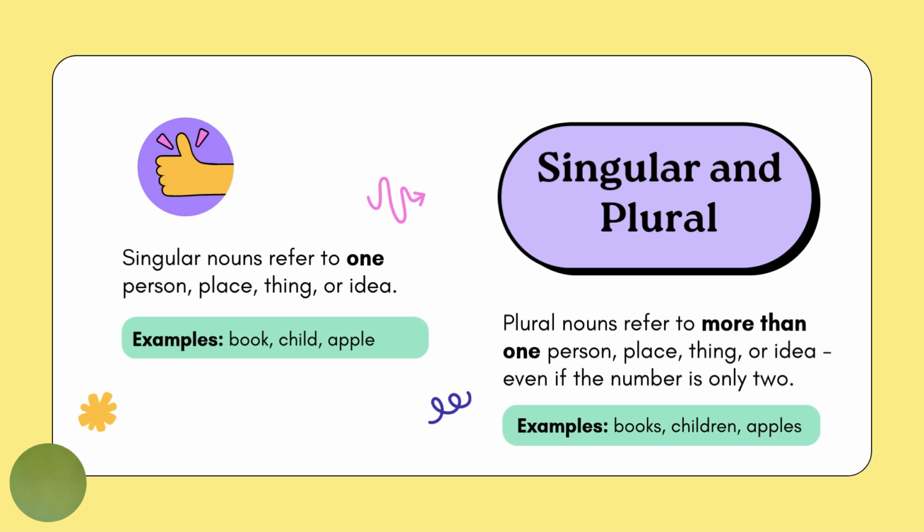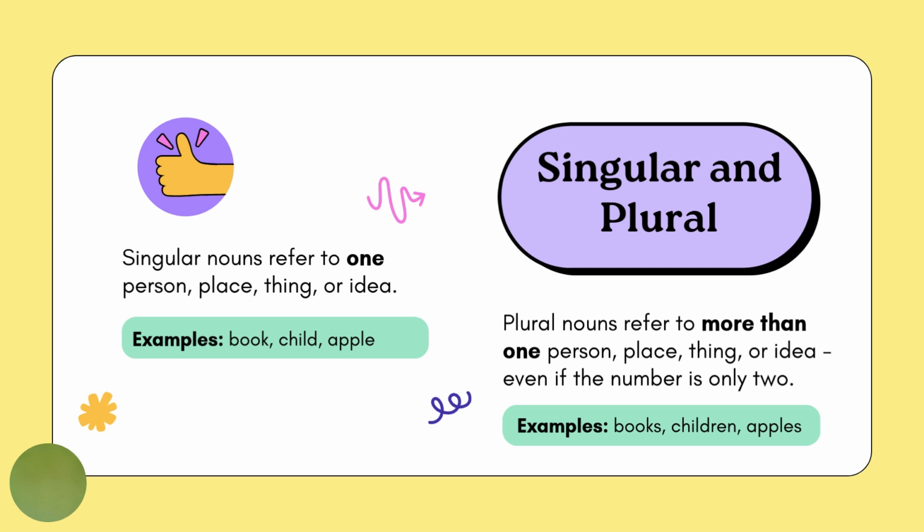So in Indonesian, I think you usually know the words tunggal dan jamak. Yeah, so tunggal means singular, jamak means plural. Plural means more than one, but it's not necessarily many. As long as it's more than one, it is plural, even if they are only two.